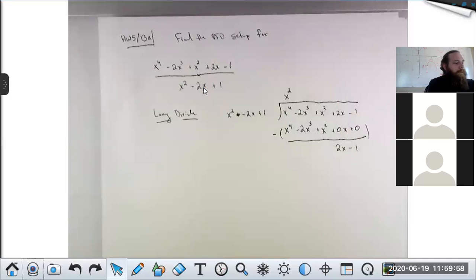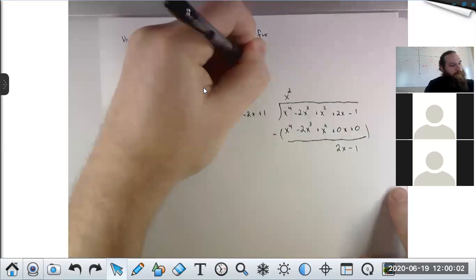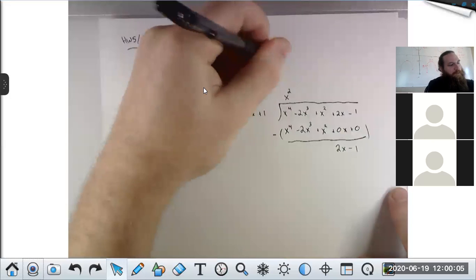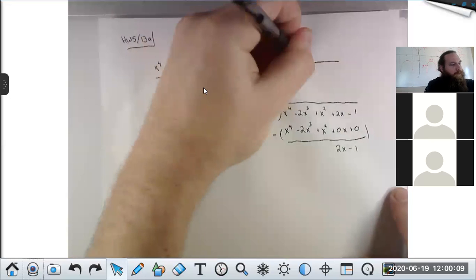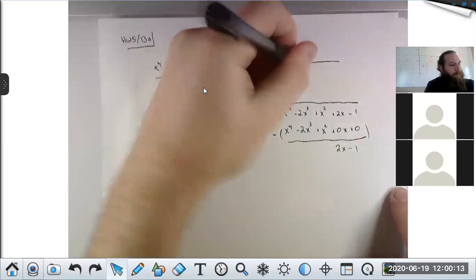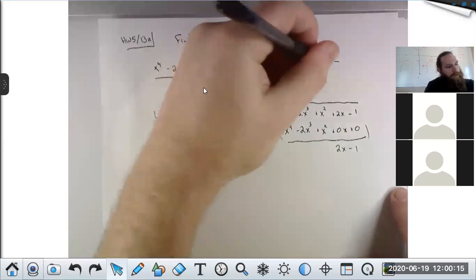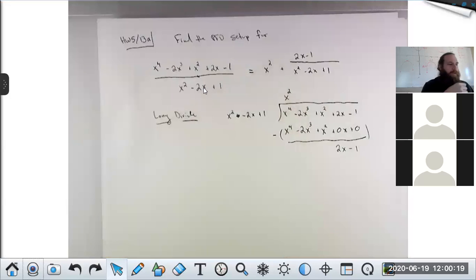Which means that my function can be written as x squared plus 2x minus 1 over this denominator, x squared minus 2x plus 1. So depending on who you took pre-calc with, you may or may not have gotten a lot of practice at this, but I hope by now we're getting more comfy.